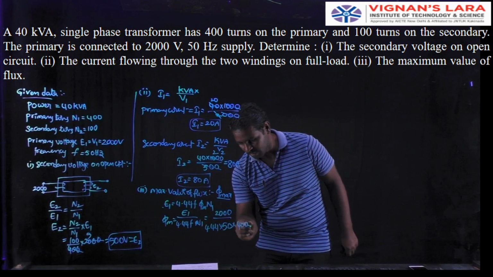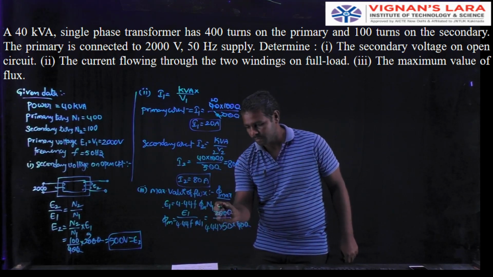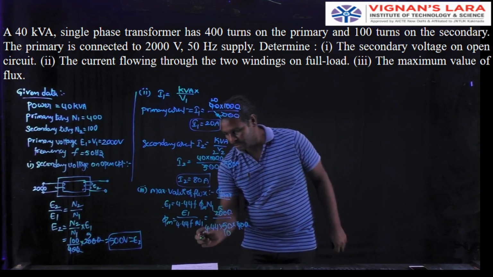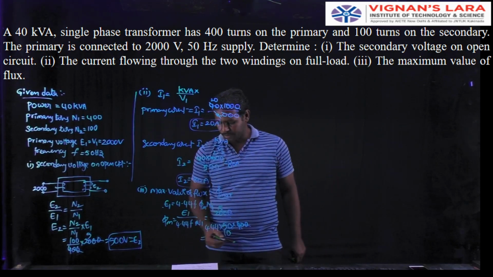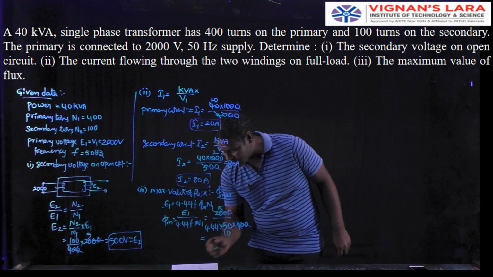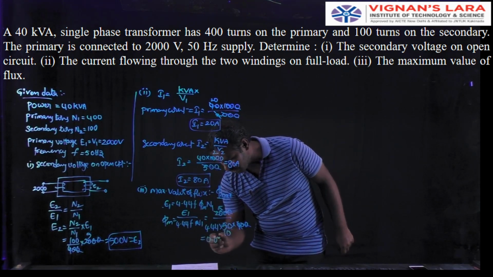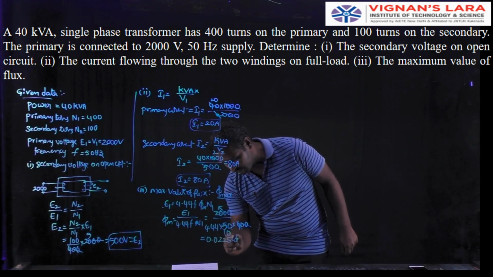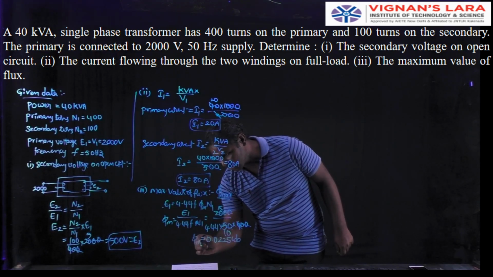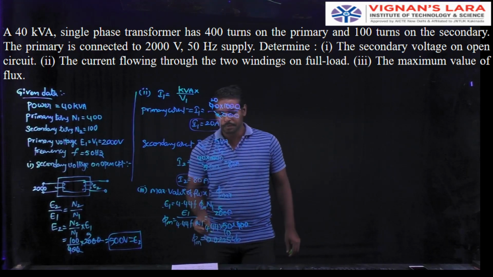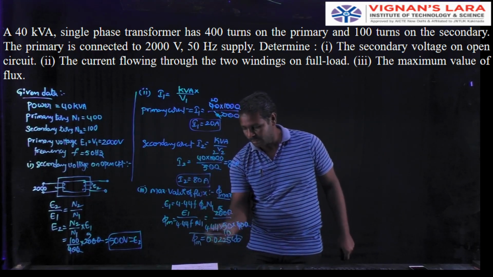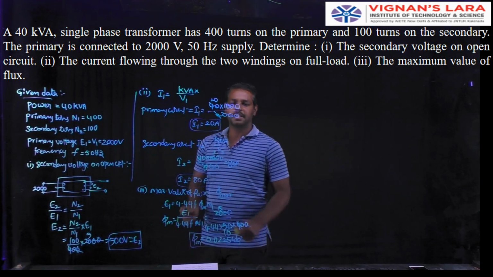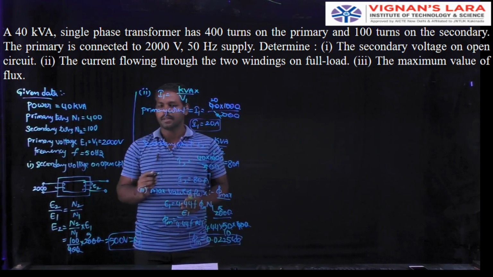So phi m is equal to 0.0225 Webers. In this fashion we can easily simplify the given problems.